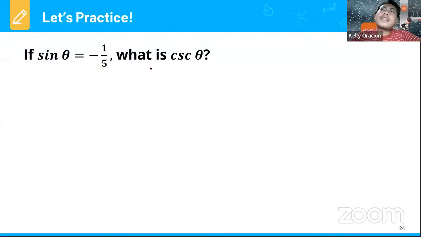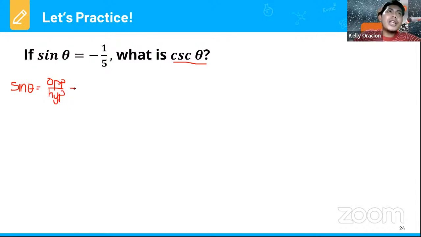Let's have this kind of example. This is the last topic, finding the remaining trigonometric ratios. If sine theta is negative 1/5, what is cosecant theta? Let's first identify sine theta. Sine theta is opposite over hypotenuse, correct?